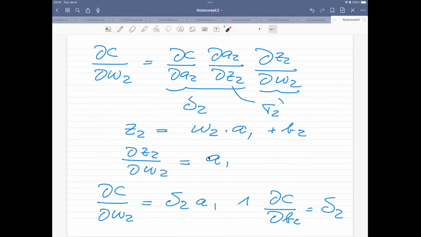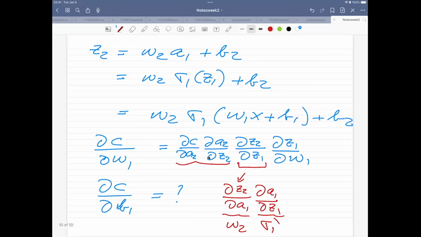So what we get now is a new term, delta 1. The old term, delta 2, pops up here as an intermediate term, which now depends on the parameter W2 from the output layer. We have updated the value of that one with gradient descent. Then we go backwards and find a derivative for W1, which depends on this parameter W2. We also have the derivative of the new activation function.